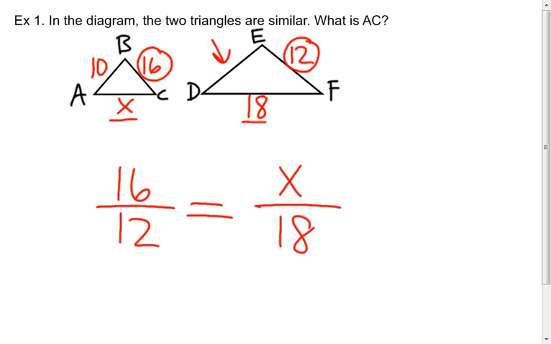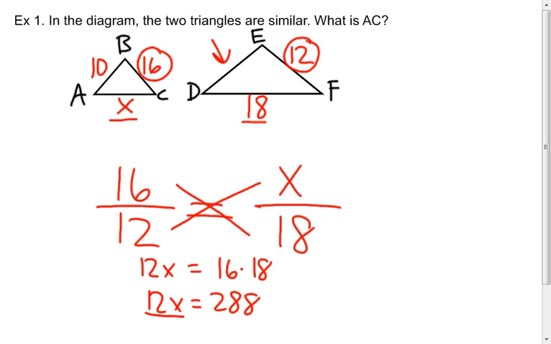Now that I've set up my proportion, I can solve it the same way I did in section 7, cross products. So I multiply 12 times x, I multiply 16 times 18. The equal sign stays in the middle. 16 times 18 is 288.